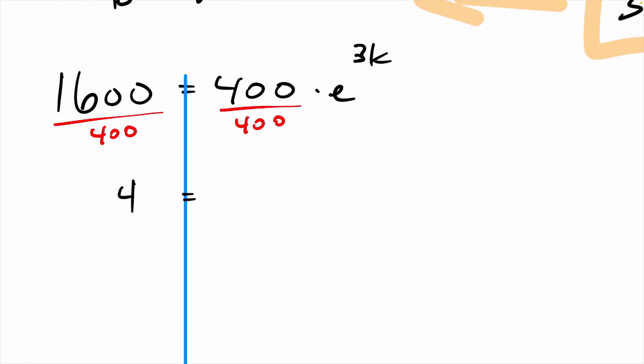So that leaves e to the 3k. How do I get that K down to the ground? Have to use a logarithm. Yep, the only way to get a power to the floor is to use a logarithm.